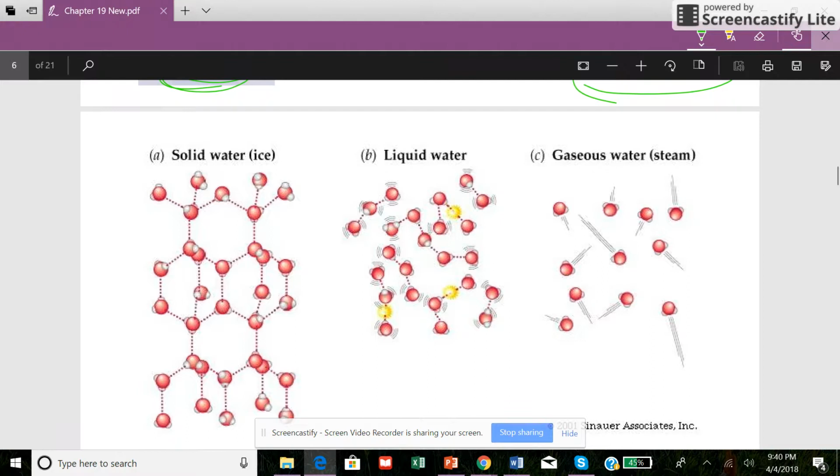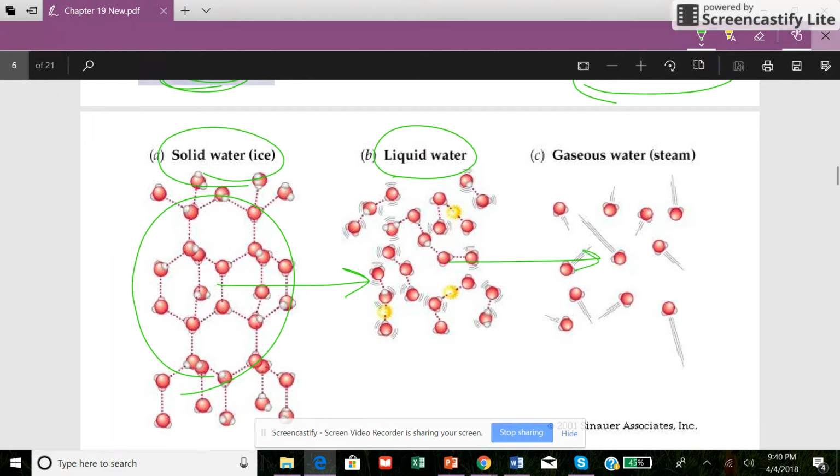You can see this is ice, solid water, and it's more orderly. As you move on from ice to liquid, the liquid becomes more disordered, with more dispersion of energy. So the entropy of liquid water will be greater than the entropy of ice. And then when you go to gas, gas has the highest entropy, because there's more disorderness.